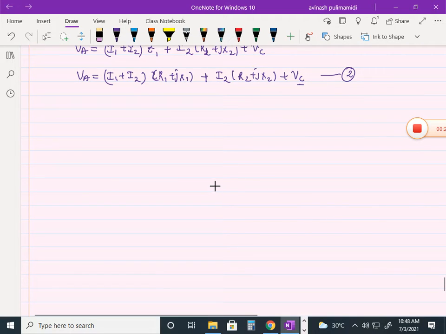First one, with respect to the receiving end, what is the first point we can write here? I1 into R1 plus JX1. So let us write here. Let us draw the vector diagram.